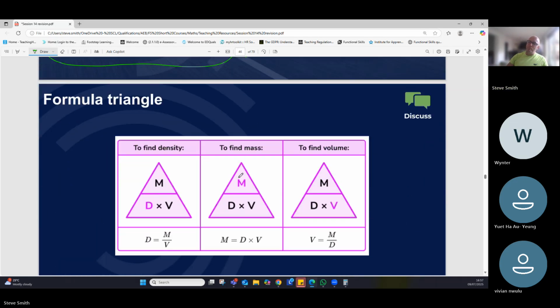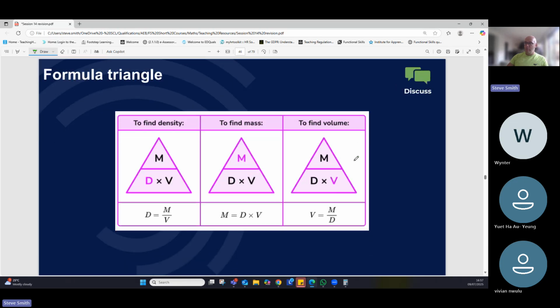With mass, density and volume, I've seen a couple of questions on the NCFE papers where they've given you the formula, and I've seen a couple of questions that they don't. This one is very similar to the other one, as in it's 3 measurements, and we've always got M on top.